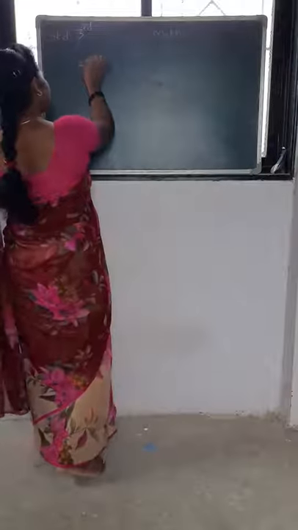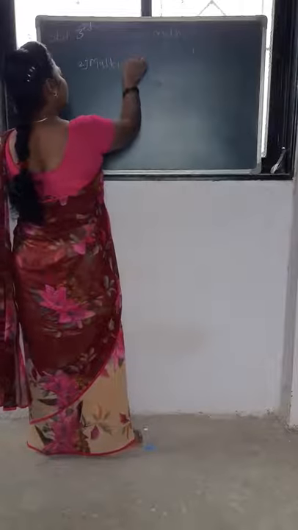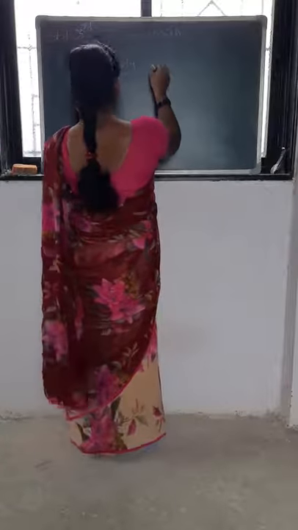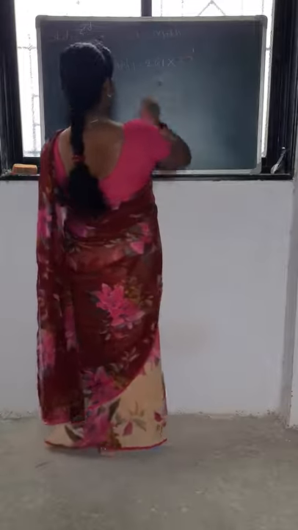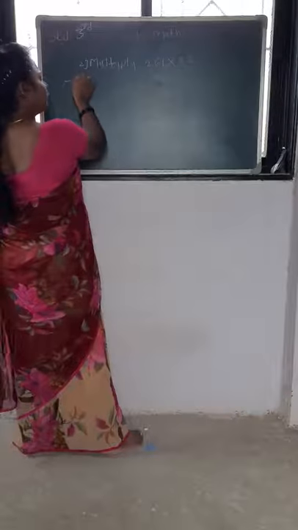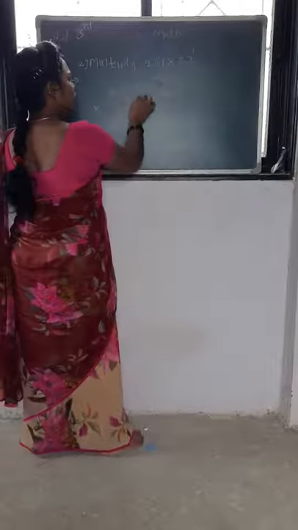The second example is 261 multiplied by 32. In standard form, multiplication is 261 multiplied by 32.